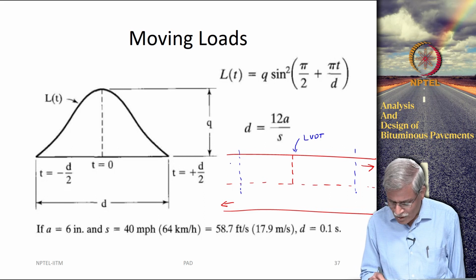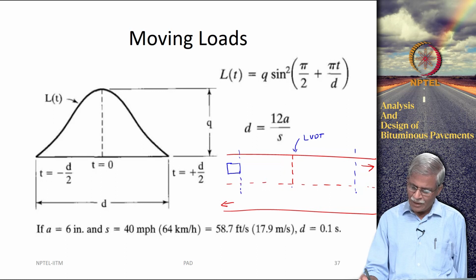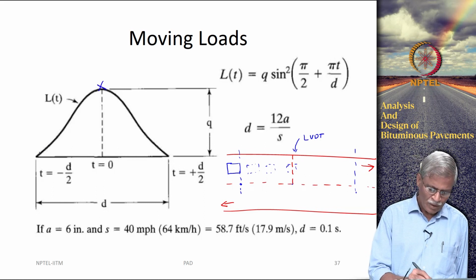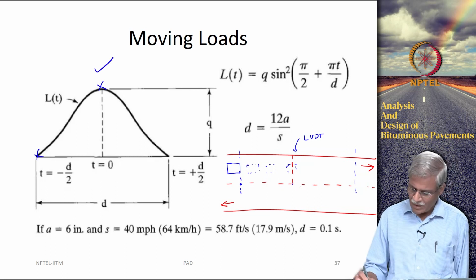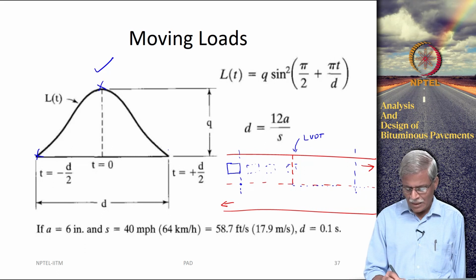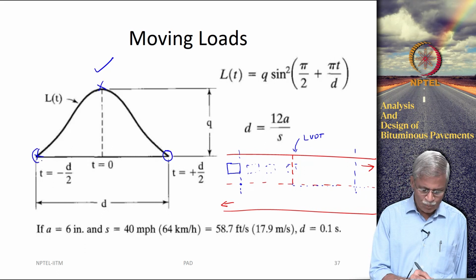Let us mark some boundary here, and you are going to see that when the vehicle enters here, the reading is going to be 0, and as the vehicle moves past and comes here, the deformation is going to be maximum, and as it crosses this, again it is going to be 0.